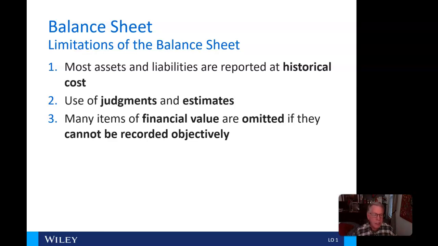And reasonable people sometimes can disagree on what those judgments and estimates are. Many items of financial value are omitted if they can't be recorded objectively. You'd have to dig through the notes to financial statements, if full disclosure is provided, to see what those items are.